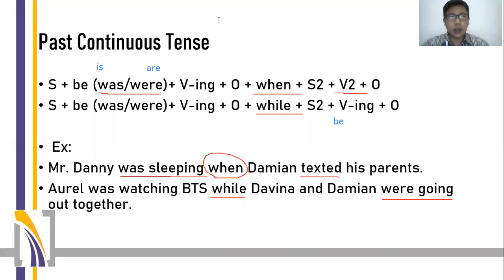It is were and be supposed to be in here. So Aurel was watching, so we continue with the example: Aurel was watching BTS while Davina and Damien were going out together.